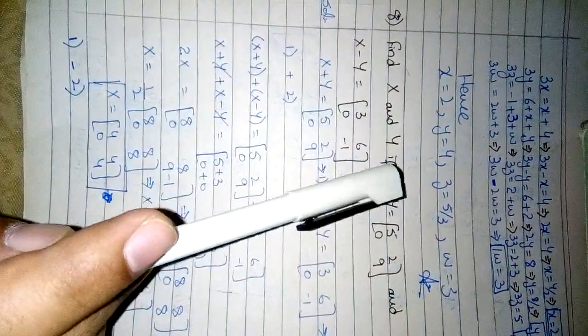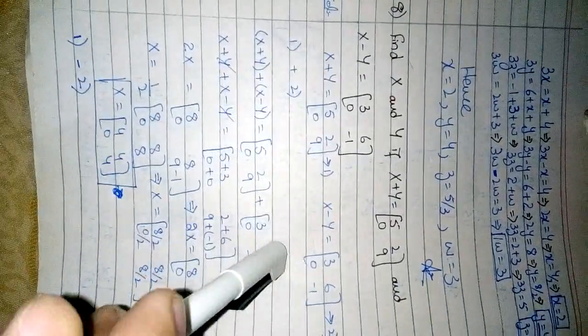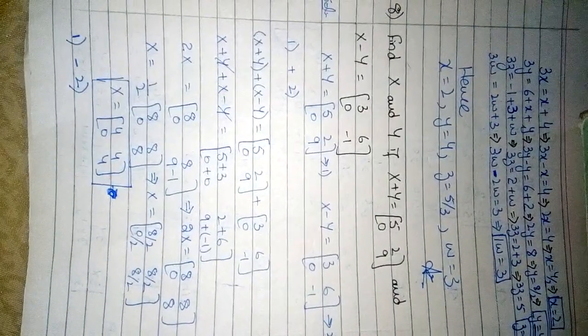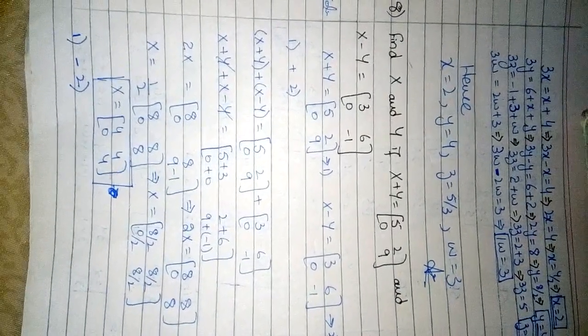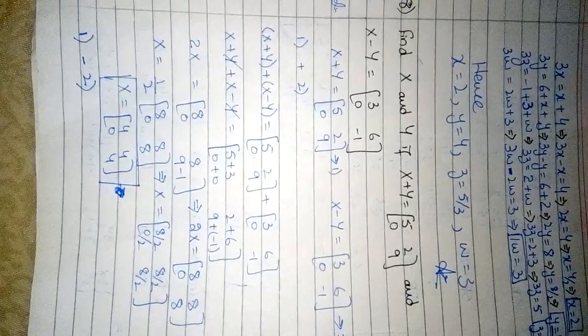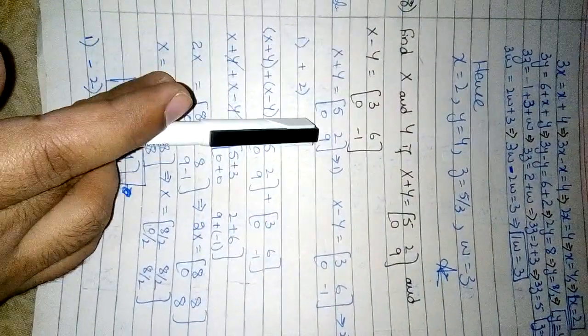If you see here, we have two variables in the equations, x and y, so we have to eliminate one variable. If we want to eliminate x, we will subtract the two equations, and if we want to eliminate y, we have to add both equations.